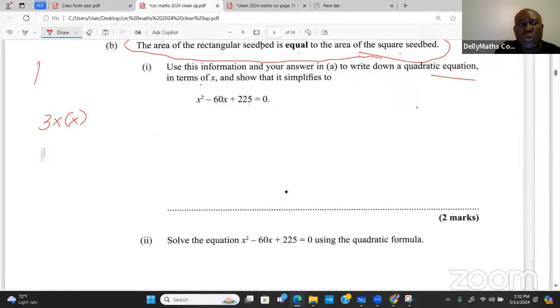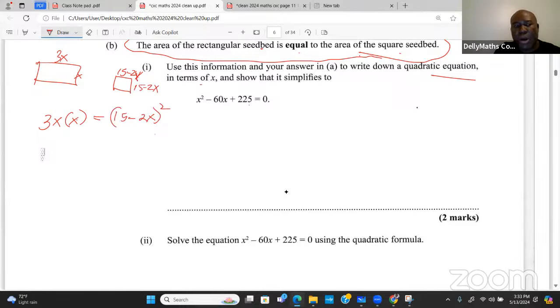This is the rectangle one right here, which is 3x, and this is x. So length times width is equal to the square, remember this is 15 minus 2x, so this is 15 minus 2x all squared.